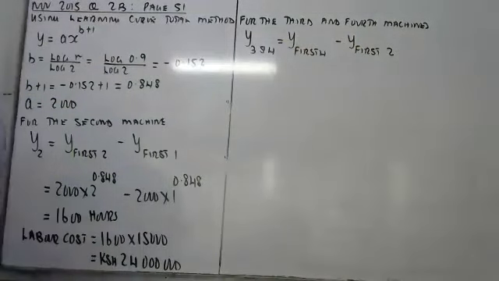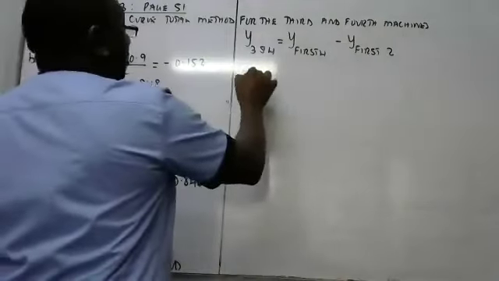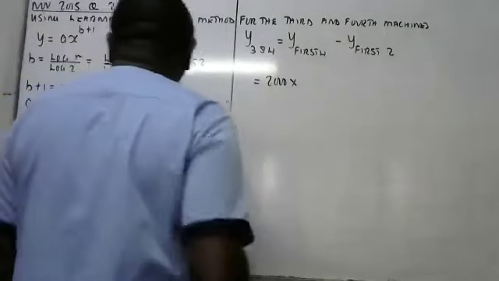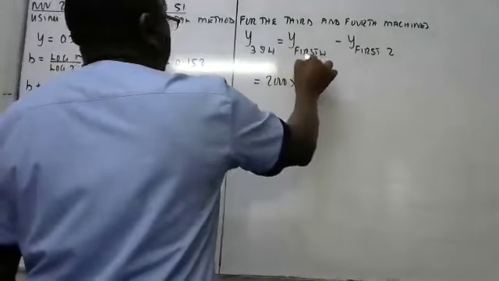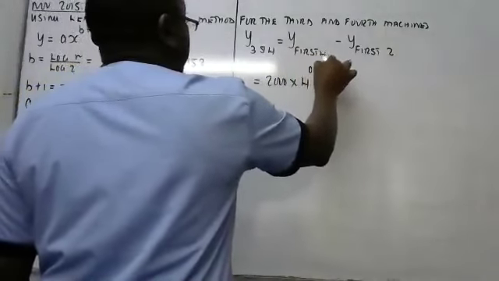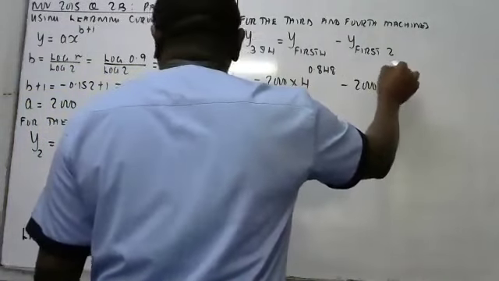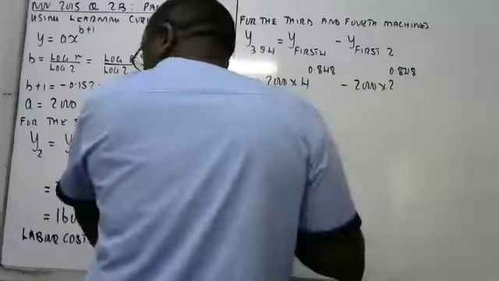You have to achieve third and fourth. So this then becomes 2,000 times 4 raised to power 0.848 minus 2,000 times 2 raised to power 0.848.